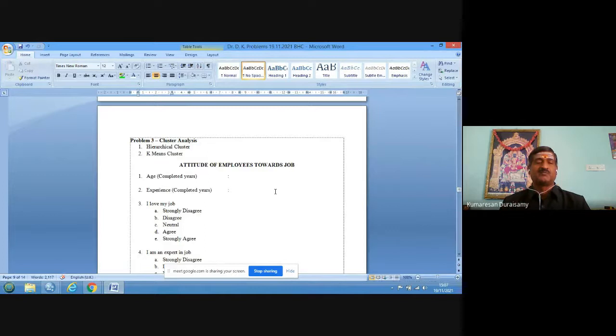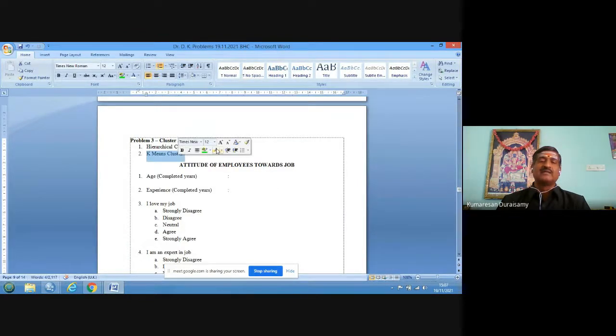We do not know. So the tool itself divides the respondents into different groups, divides the samples into different groups. How? We do not know. How many groups? We do not know. If we know that they are to be divided into 3 groups, 2 groups, or 4 groups, then we can go for k-means cluster.